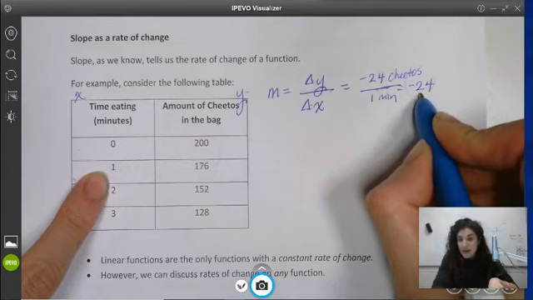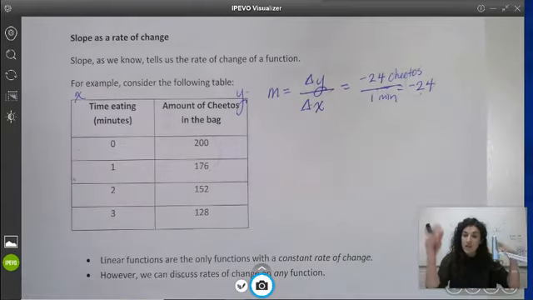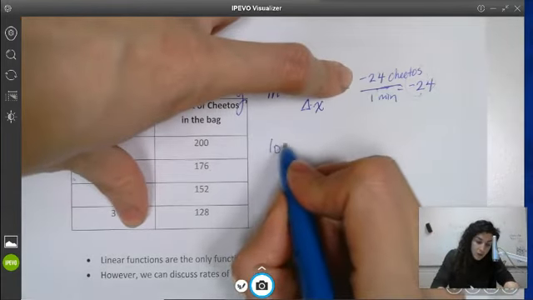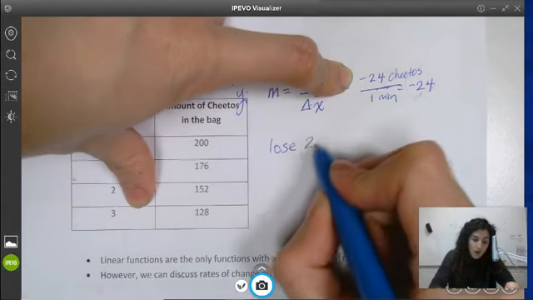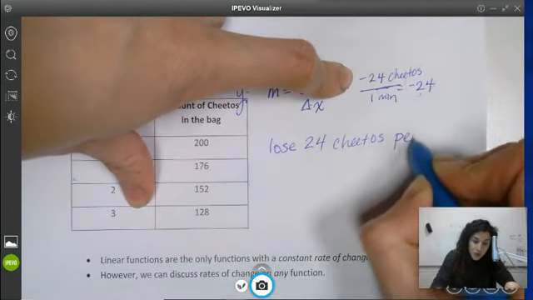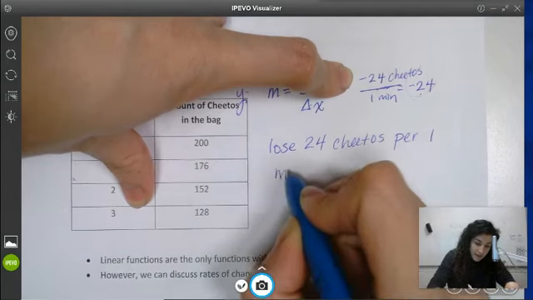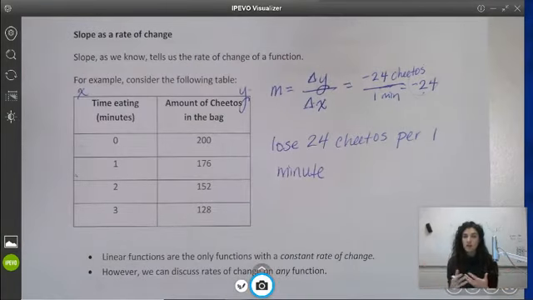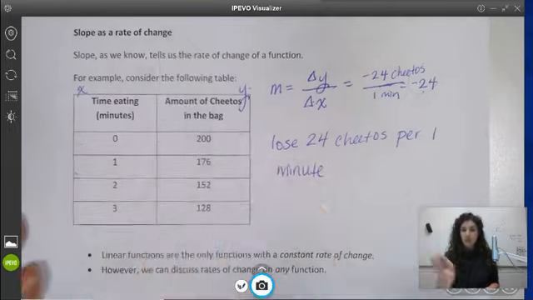So what does negative 24 mean as a slope in this context? It means how we've changed in relation to those two variables. We lose or eat 24 Cheetos per 1 minute. It's telling you a rate at which we change, right? You've talked about unit rates in the past. This is a rate in which you are changing. That's why it's called a rate of change.